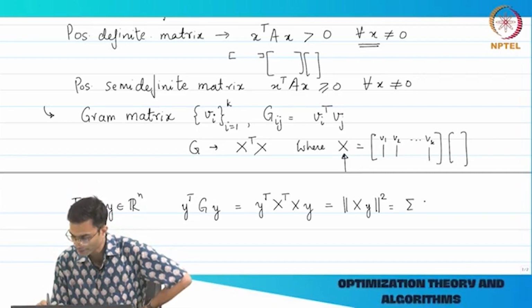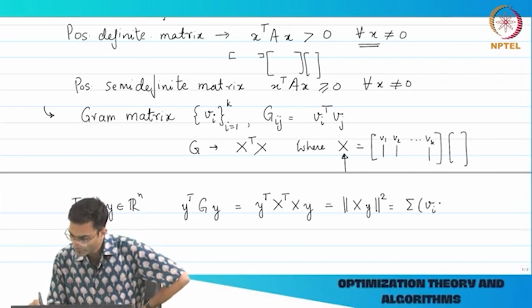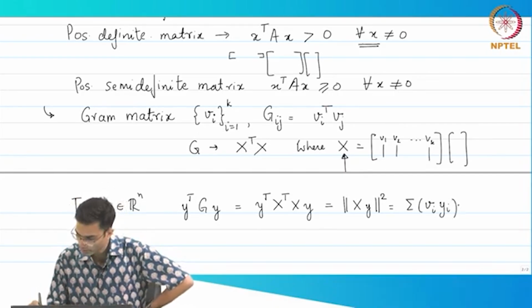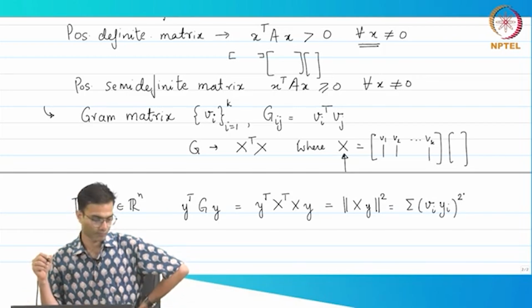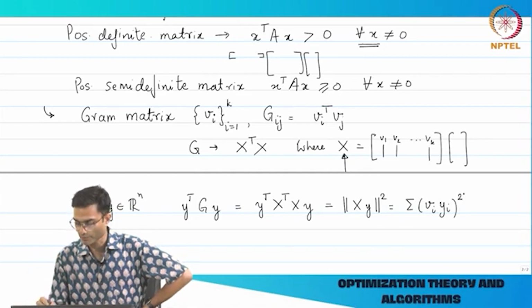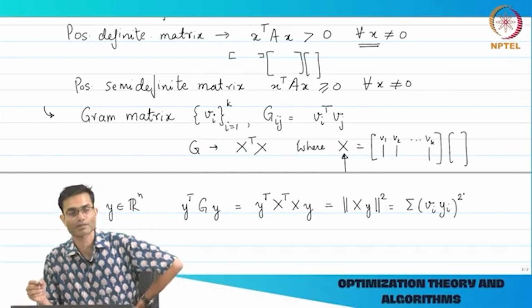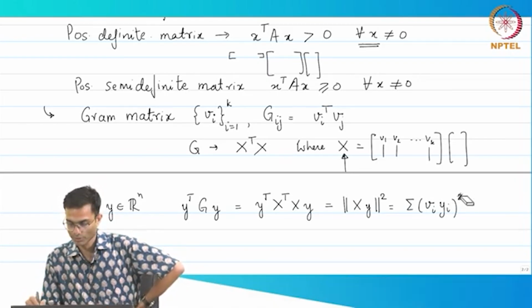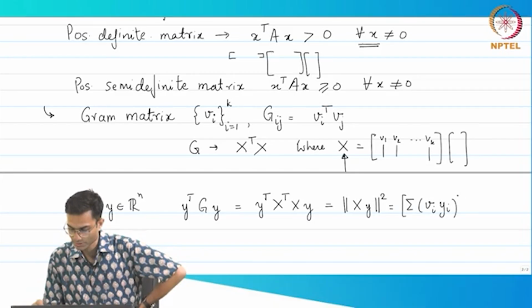I'm going to get vi multiplied by yi, and this is going to be squared. Is it the whole thing squared? Where have I put the summation, the squared correctly? No. Where does it go? Outside, right? So it's actually going to go like this.